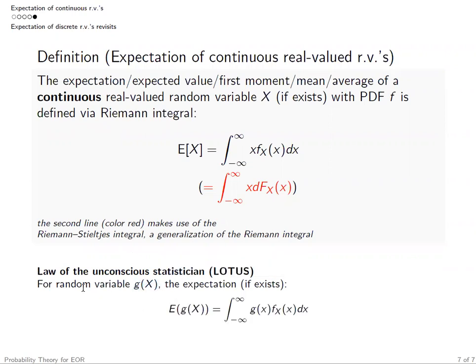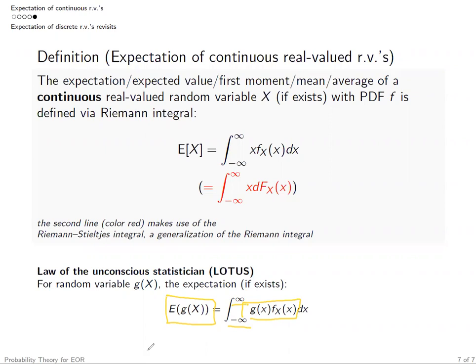The expectation of g(X) is essentially, again, the Riemann integral of this function, and we integrate this function from negative infinity to positive infinity, which delivers the expected value of g(X).